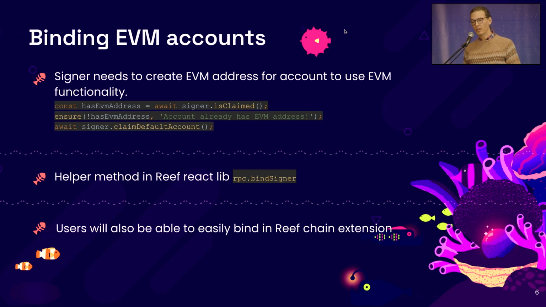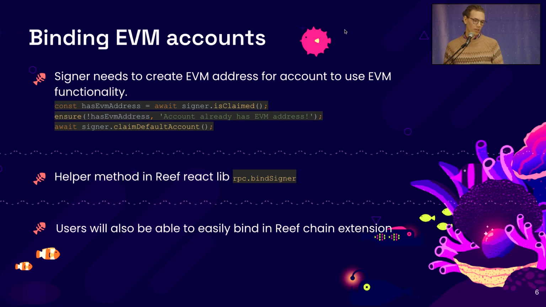So one more thing. We are a Substrate chain, and to get the EVM account on our chain, you have to call claim default account. That's how the users get their EVM address, and they can sign and send transactions to the EVM contracts.